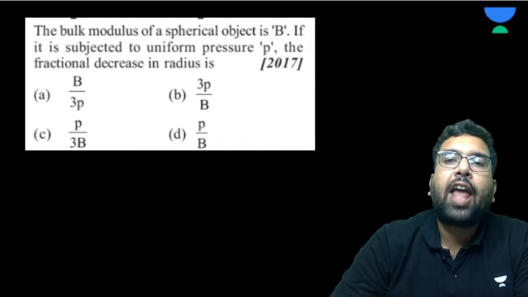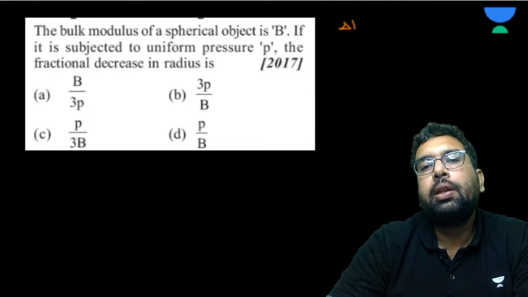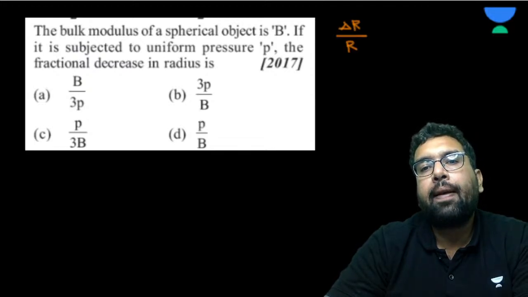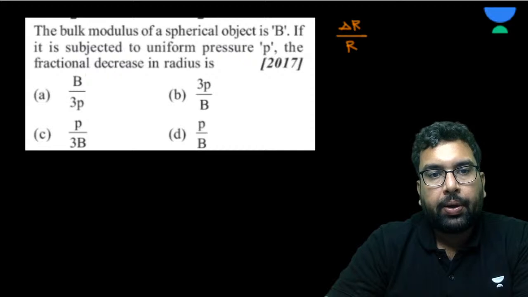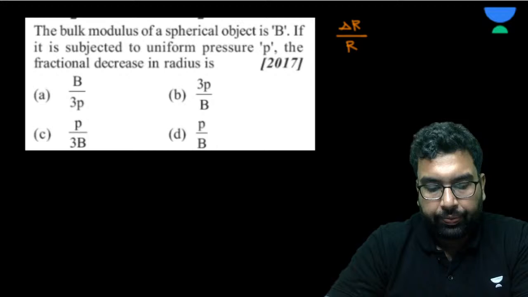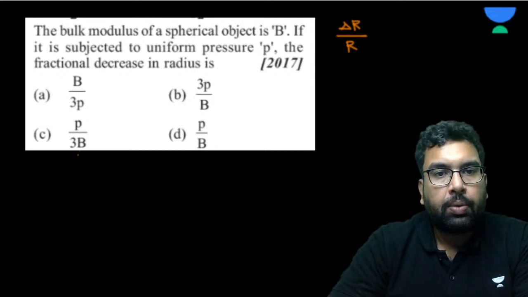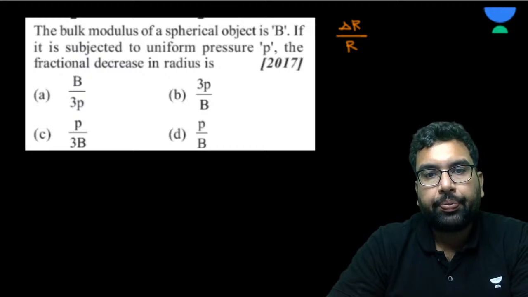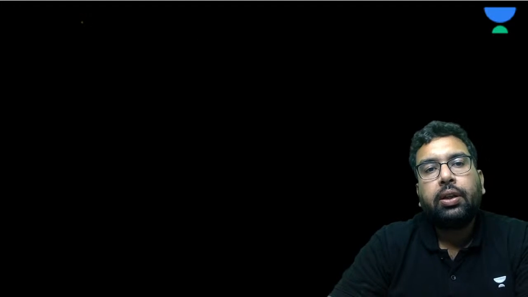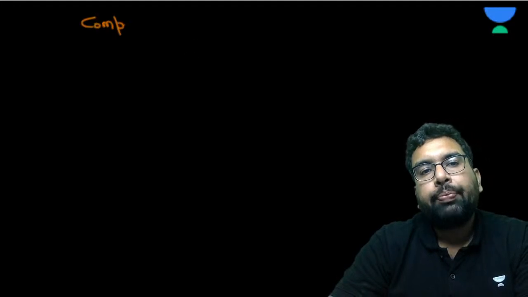So when they say fractional decrease in something, that means they are asking you delta R by R. Are you getting my point? They are asking you delta R by R. And they are showing you the bulk modulus as B. And also one thing, if they ever ask you this compressibility, basically compressibility is 1 upon bulk modulus.